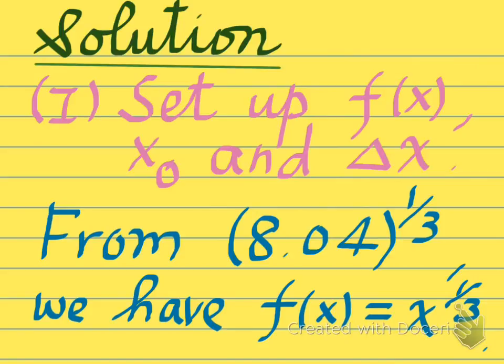To solve it, firstly, we have to set up 3 choices, each of which for f of x, x0, and delta x. From 8.04 raised to the power 1/3 given, we can have f of x equal to x raised to the power 1/3. Guys, is it making sense?